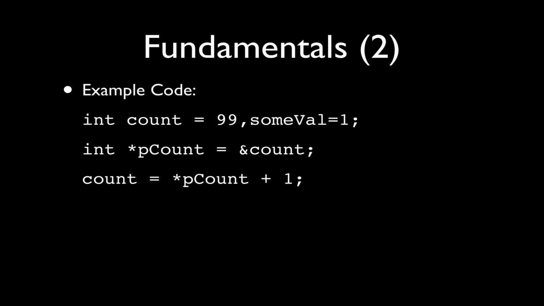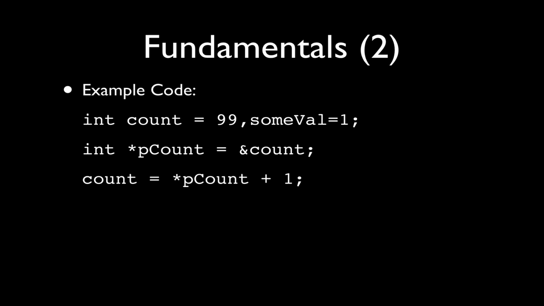Now, in this case, we've initialized the variable pCount to the address of count using the ampersand operator. So, one way to think of this is to say that pCount points to the integer count.